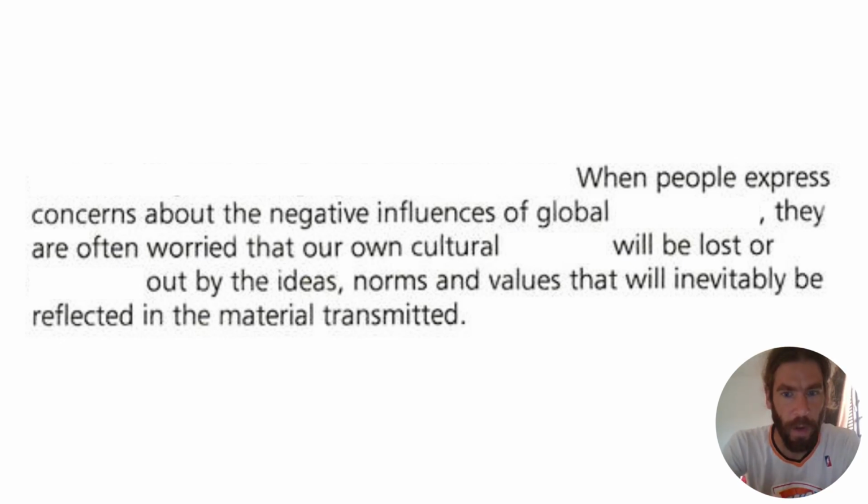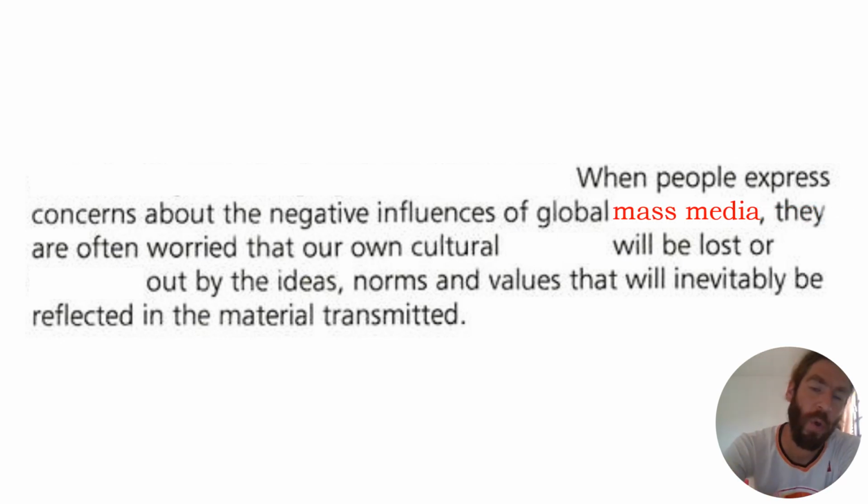Let's look further. When people express concerns about the negative influences of global mass media, like TikTok nowadays, or X, or Snapchat. I just heard yesterday that students are still using that. It's way old.